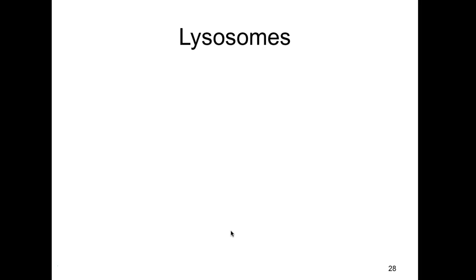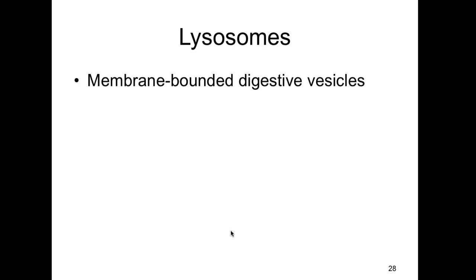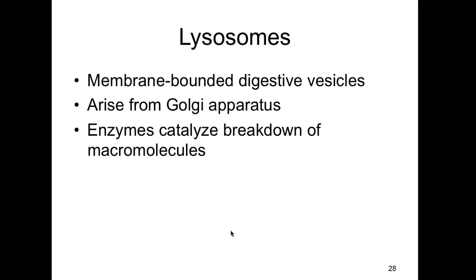So the last structure we'll do for today is lysosomes. These are membrane-bound digestive vesicles. They arise from the Golgi apparatus. The lysosomes are going to contain enzymes that are going to basically break down macromolecules.